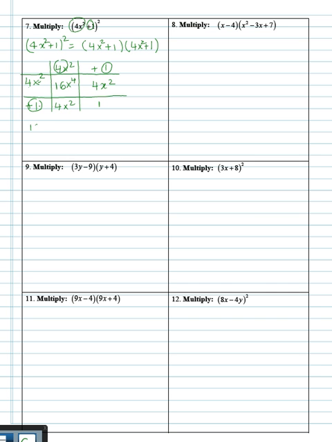I rewrite them: 16x power 4 plus 4x squared plus 4x squared plus 1. I see that these two are my like terms. 16x to the 4 plus 8x squared plus 1. And again, I can't add x power 4 and x squared terms because they're not like terms.